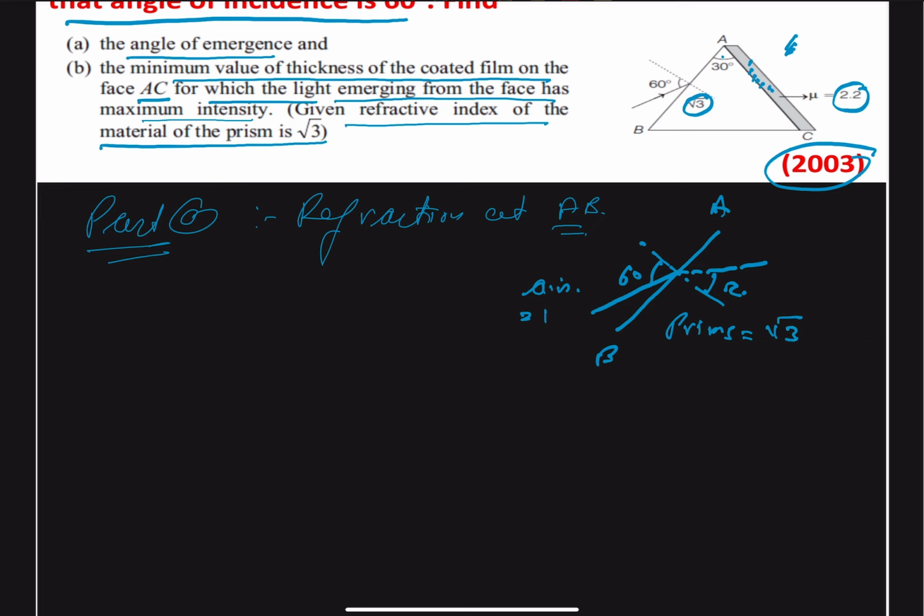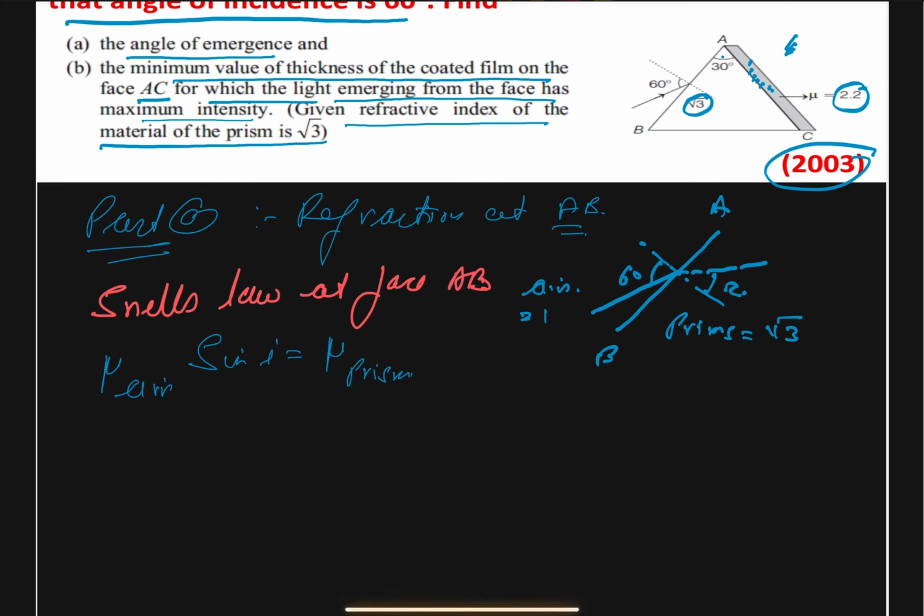So therefore Snell's law at face AB, we can write that refractive index of air sine of I will be equal to refractive index of prism, and this is our sine of R. Air is 1 and the angle of incidence is given 60, so you can say 1 multiplied by sine of 60.